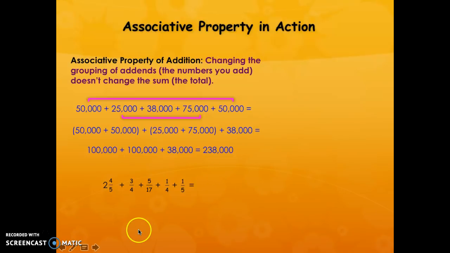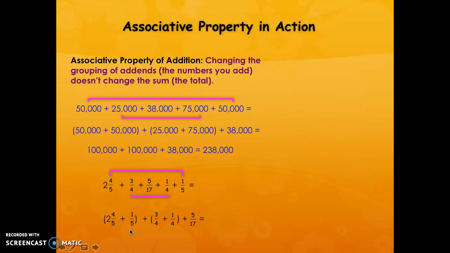Look at how this works with fractions. I see fifths, fourths, 17ths, fourths, fifths. So what I can do is first combine my fifths because I know that my denominator has to be the same. So I'm going to add my 2 and 4 fifths plus my 1 fifth. I'm going to add my 3 fourths and my 1 fourth. So if I were to write it out down here, it would look like this.